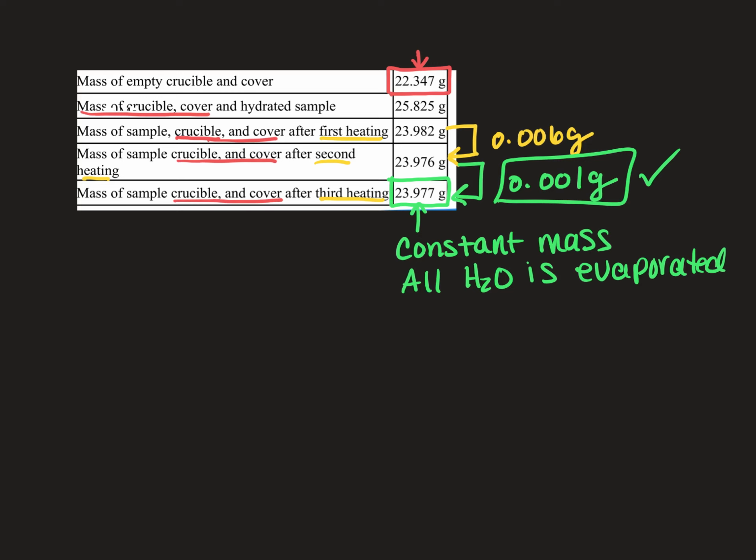Okay, so now what we're going to do is look at the data. So we want to figure out, if you remember, it was MgCl2.nH2O. So we want to figure out what the formula of the hydrate happens to be.